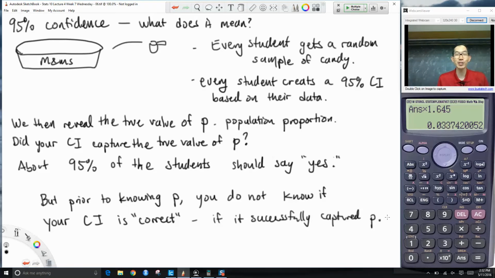I'll write that up, and you can study that. It's a little bit to get your head around, but that's what all of this confidence interval stuff is about.